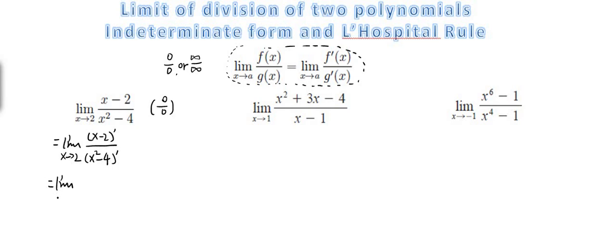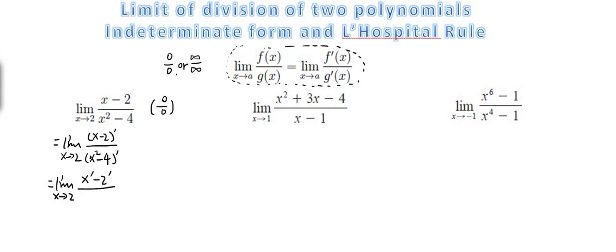For the numerator we're gonna use the difference rule, because the derivative of x minus 2 means we're gonna do the derivative for each term.